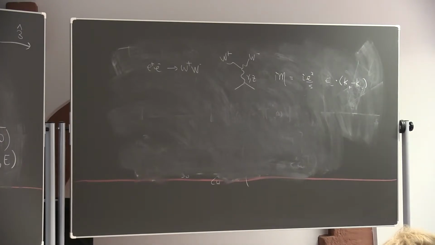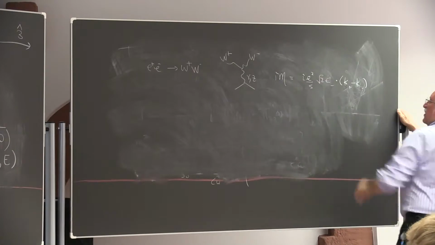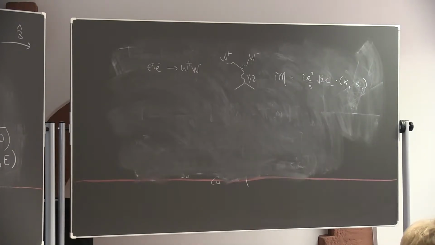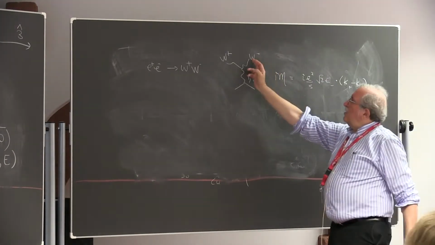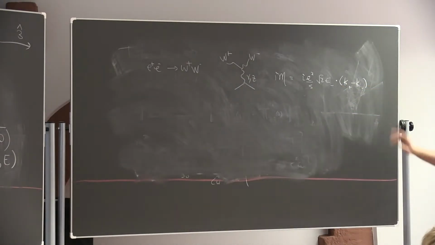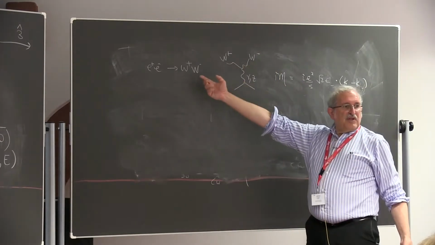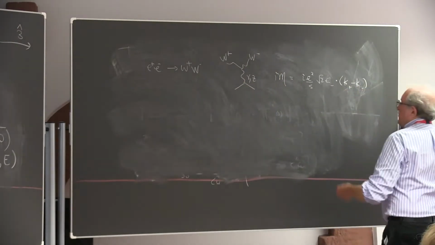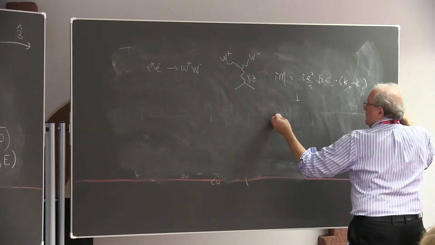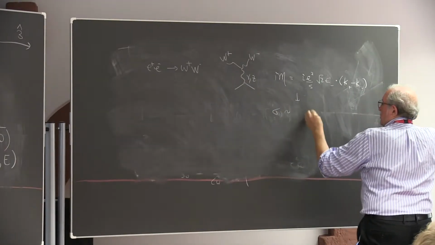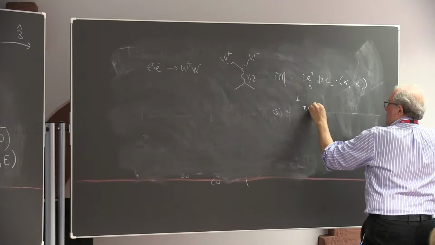That's what you would have for a scalar particle. Actually, there's another factor of 2. So for scalar particles here, you would have this expression. If you have vector particles, you have to do something with the W polarizations. And maybe I should say this leads to a cross-section which goes like pi alpha squared over s.